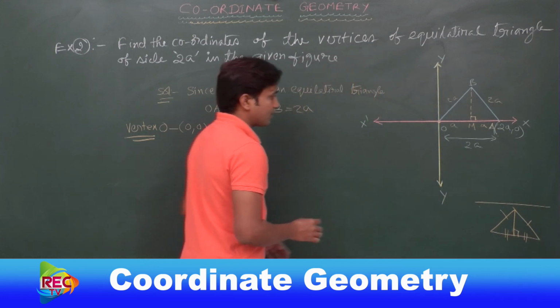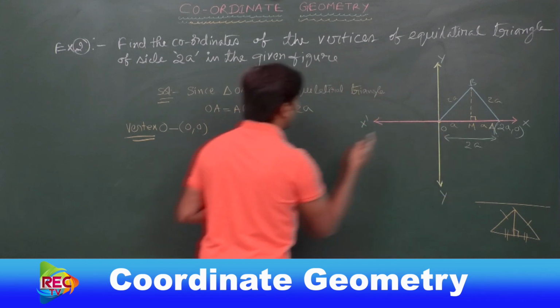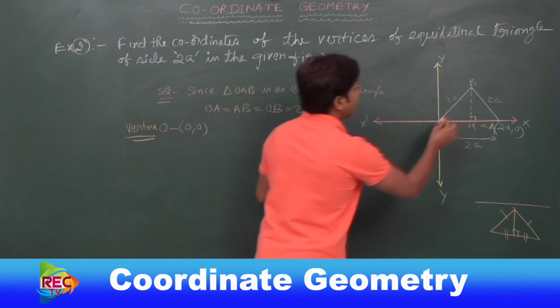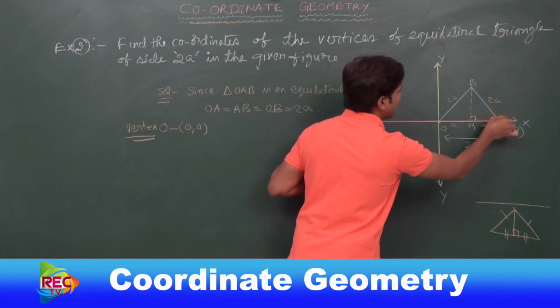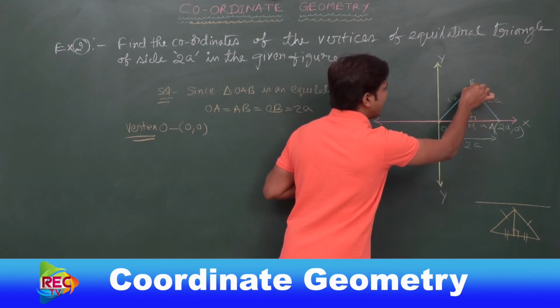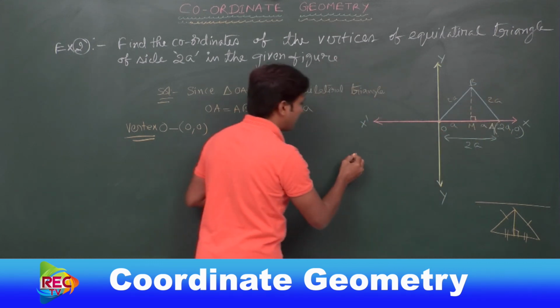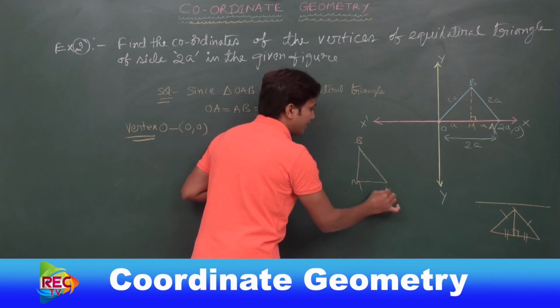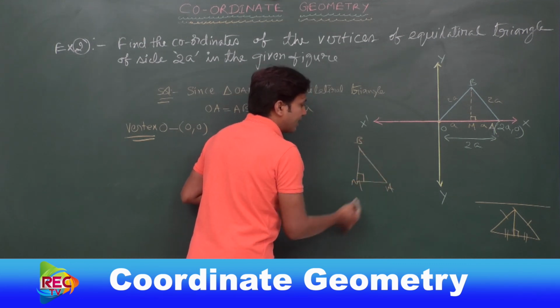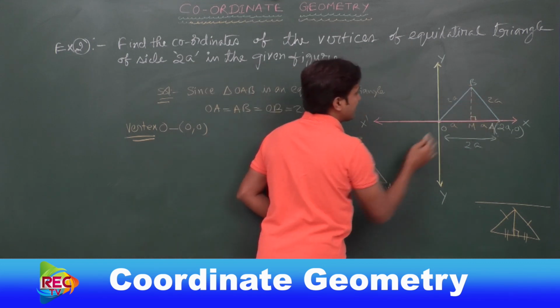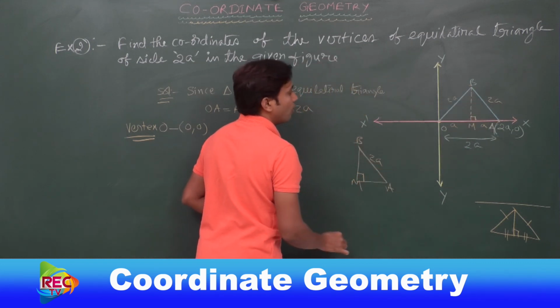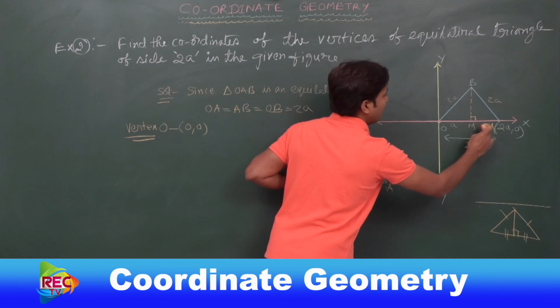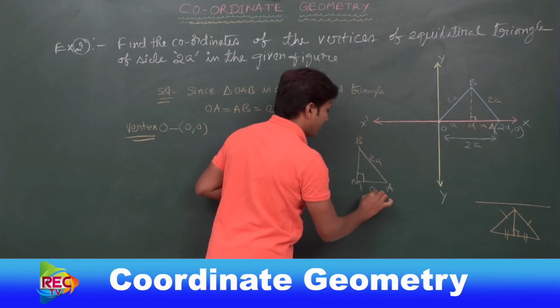Now let me separate this triangle, BMA. This is a right angle, and as we said, this is 2a, and MA equals a.